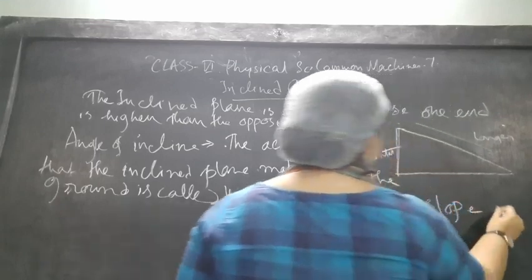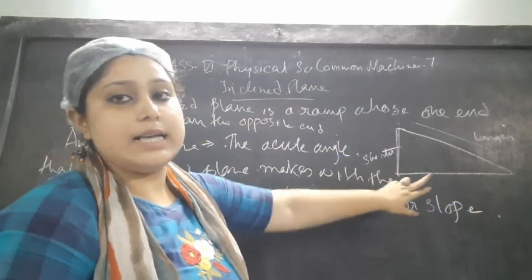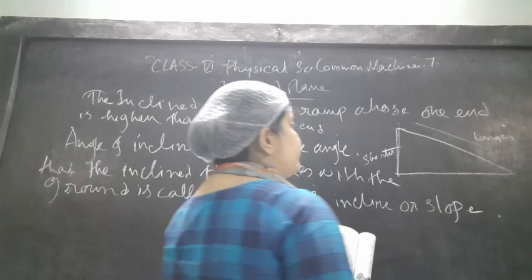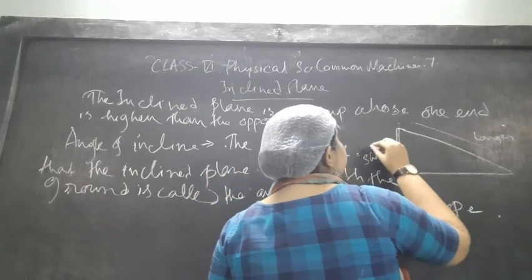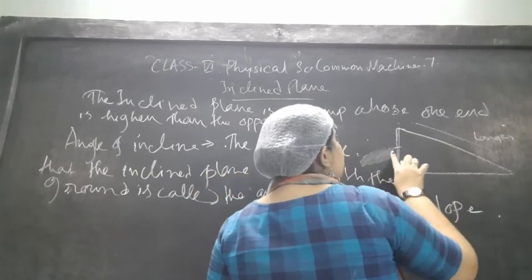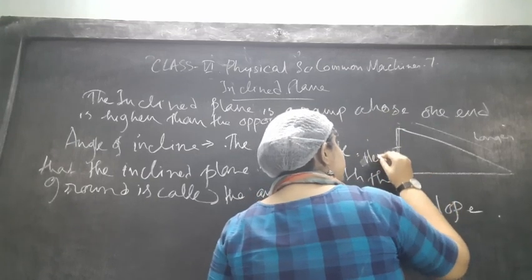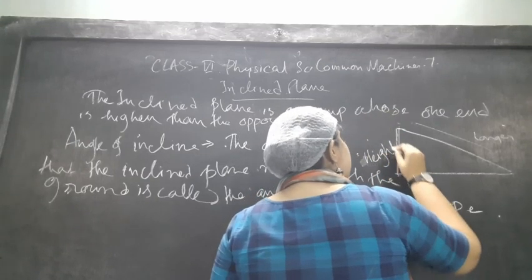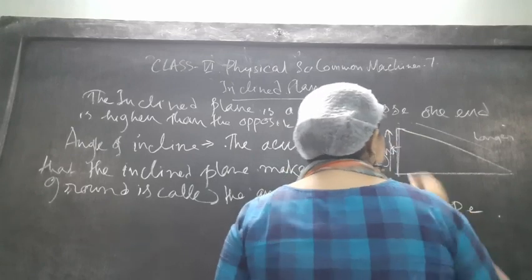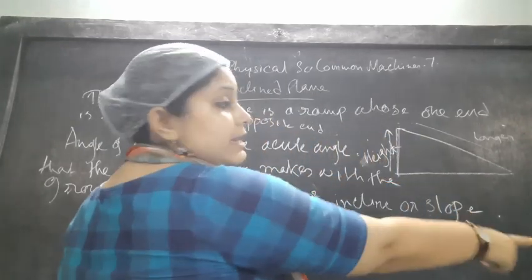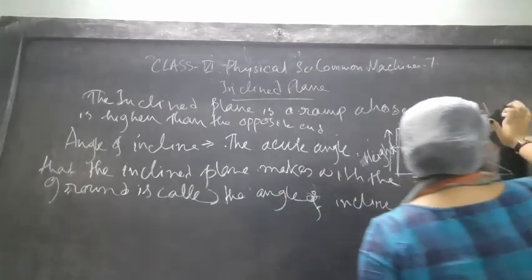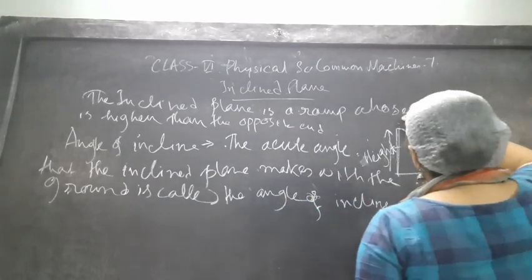If this is an inclined plane, then this is the height of it, and the length is along the side.